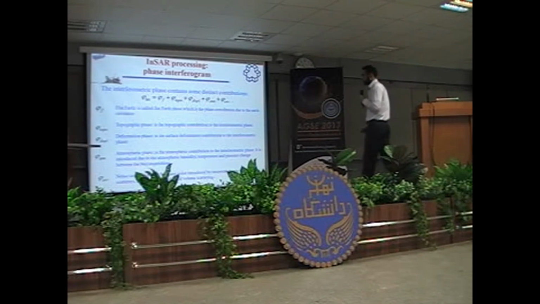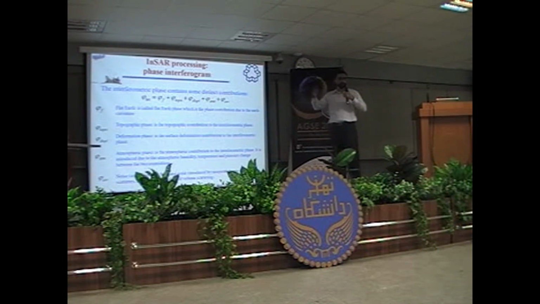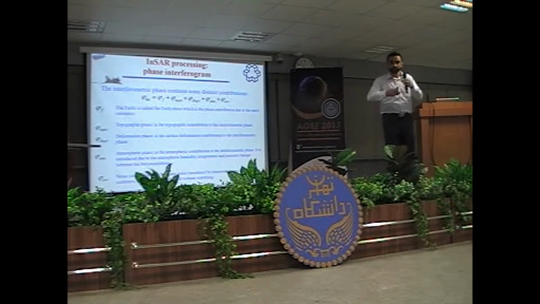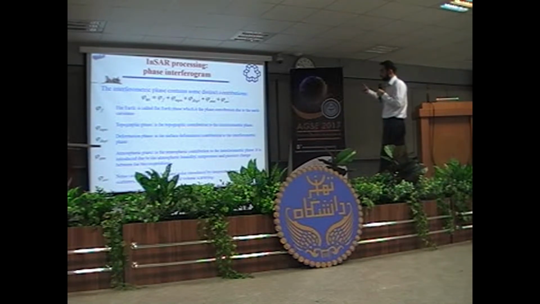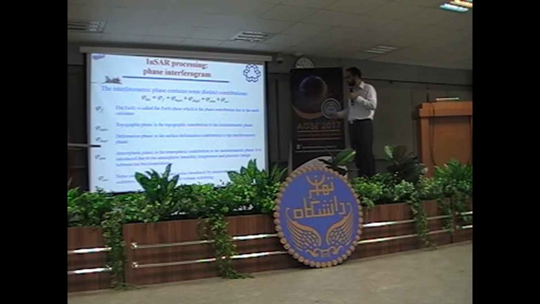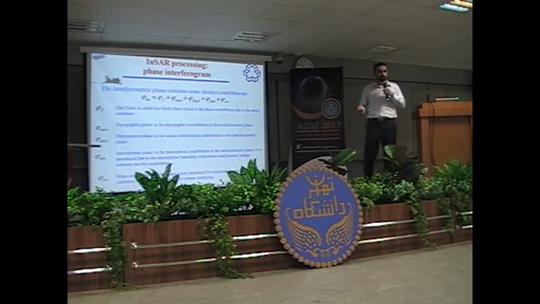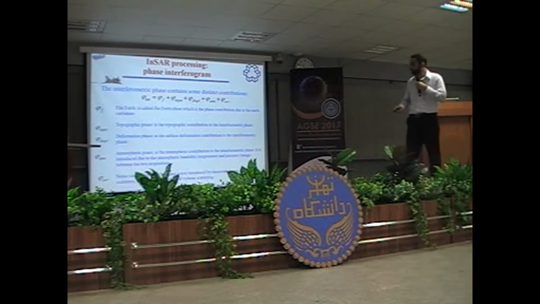Look at this equation. Actually, there are a lot of equations involved in interferometry, but I just try to give you the main ideas, so I try to skip the equations. This is the core equation in interferometry. This is the interferometric phase, which is the phase difference.